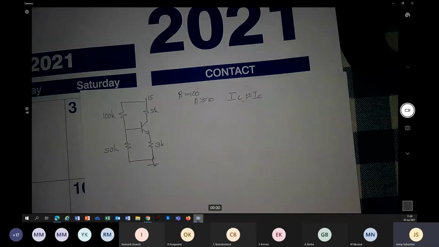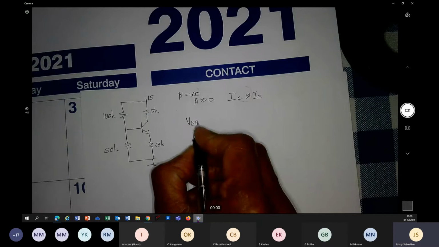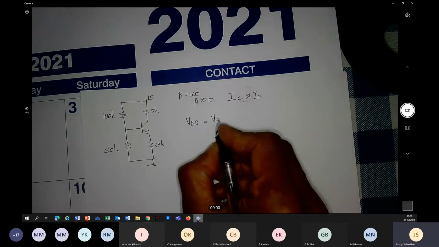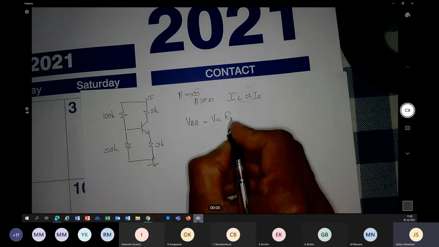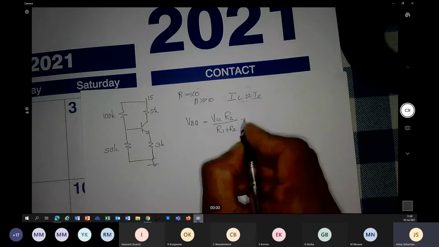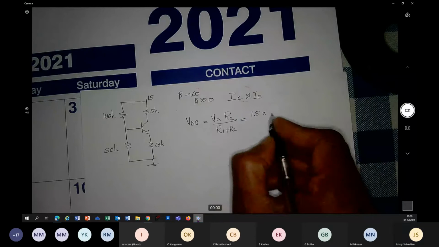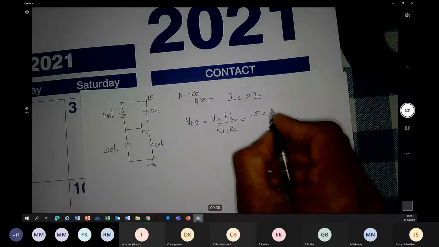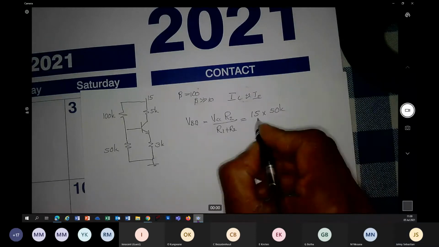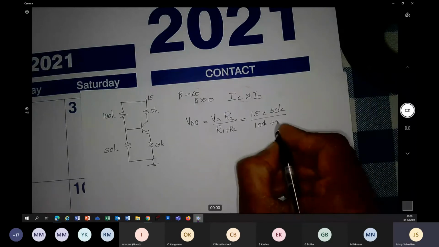How do you find it? Number one, we start with VBB. VBB is VCC R2 over R1 plus R2. That is 15 times R2, which is 50K, divided by 100K plus 50K.